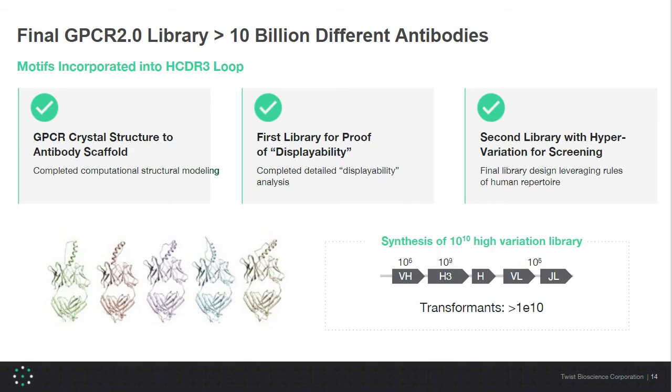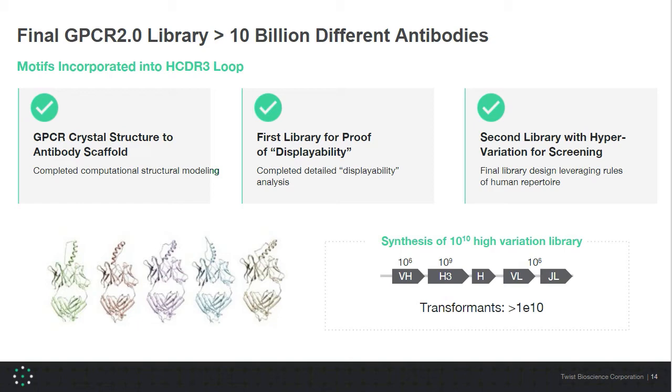So it's a fully human antibody library with multiple heavy and multiple light chain scaffolds. It has a very large motif library in heavy chain CDR3, and then we transformed it, again, in an scFv format to give us a library of over 1 billion different antibodies that have different motifs in their heavy chain CDR3 loop.